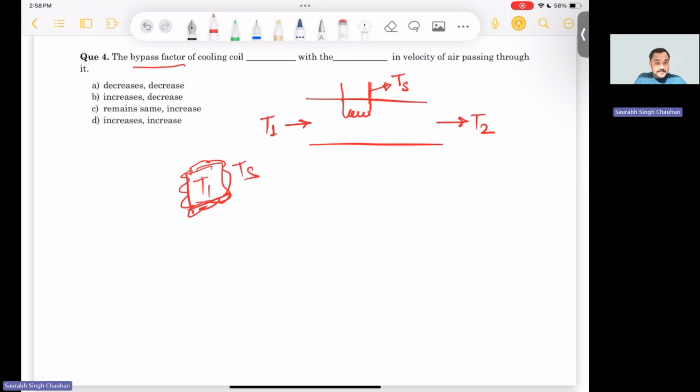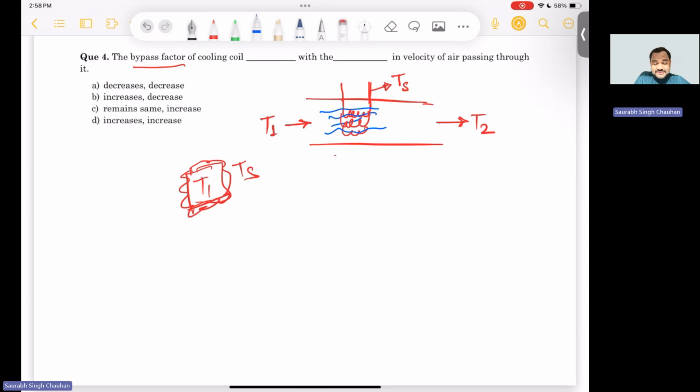right? But in this case of cooling coil, you know that you have finite time, right? So air is coming, so it is getting in contact with the coil, okay? So you can have some better arrangement of coil. So air is coming in contact with the coil, so the air which was at initial temperature T1 will cool down, but it will not reach up to temperature Ts, okay?